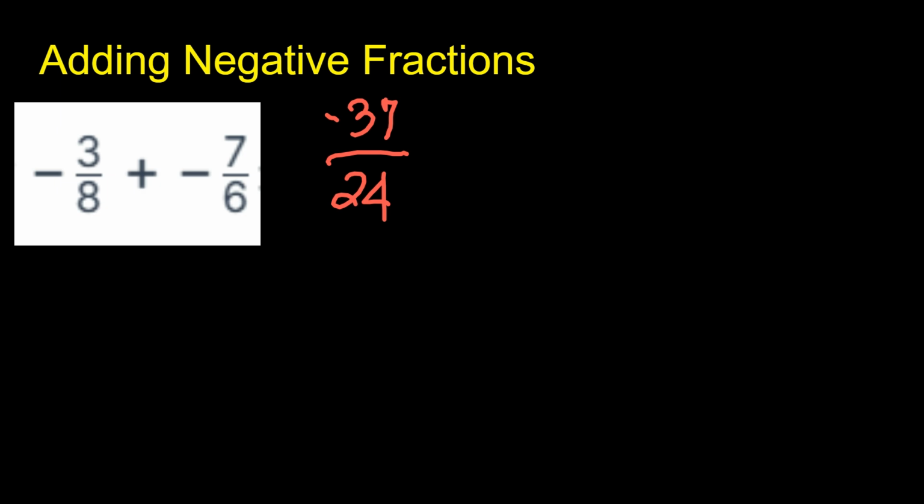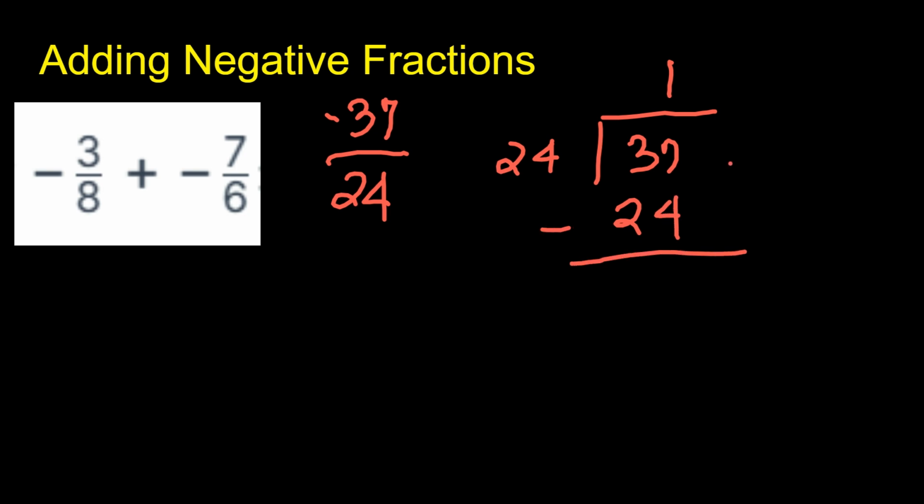If we're going to convert that, we do the basic division. Regardless of our sign, we put the negative sign aside first. So we have 37 divided by 24. That would be 1. 1 times 24 would be 24. 37 minus 24 would give us 13.